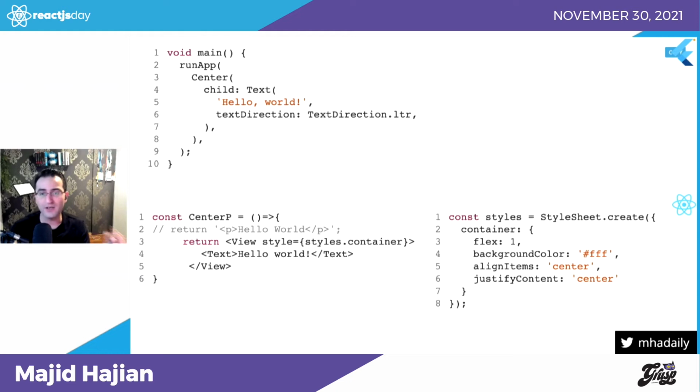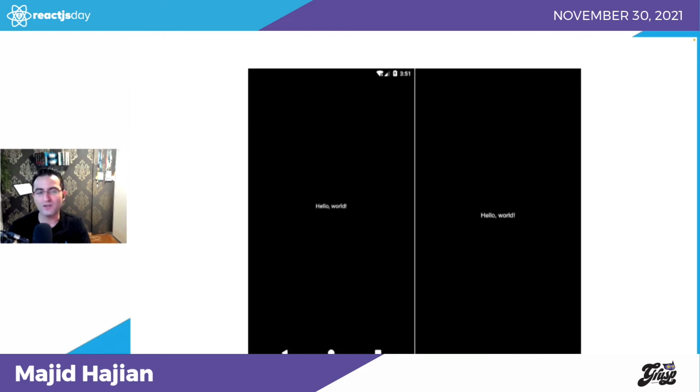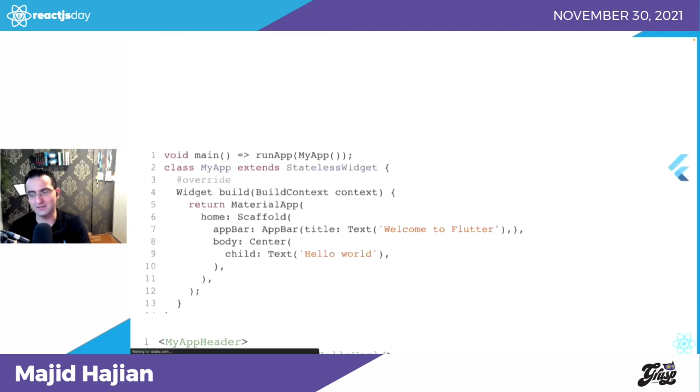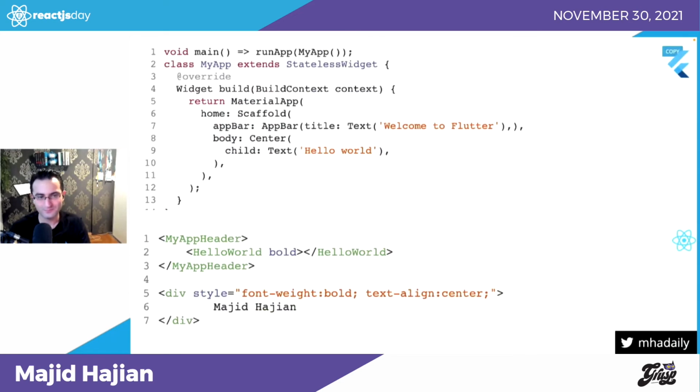And I need some type of styling. Maybe I need a text direction. So you define everything declaratively. And now if I run this in Flutter, what I will see is this. That is a simple iOS and Android version of it. And then you see a hello world in the center of your application, similar to what you do in React and React Native.